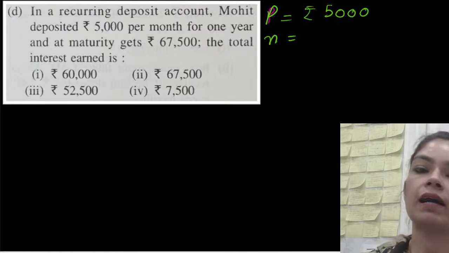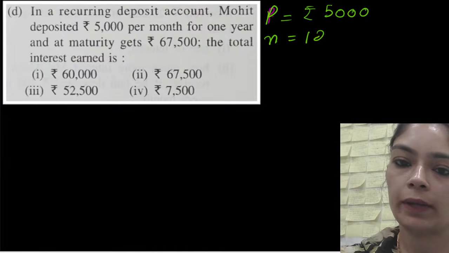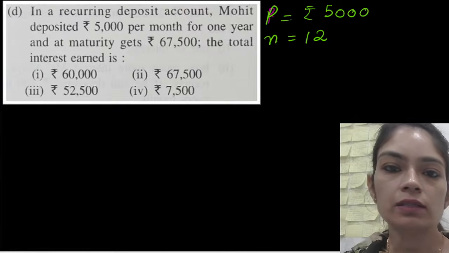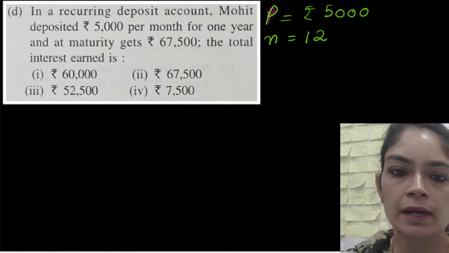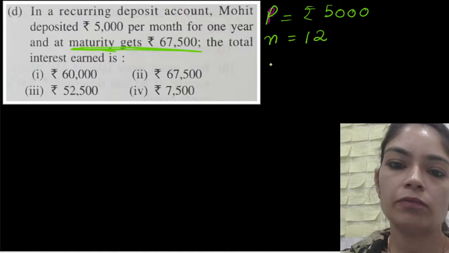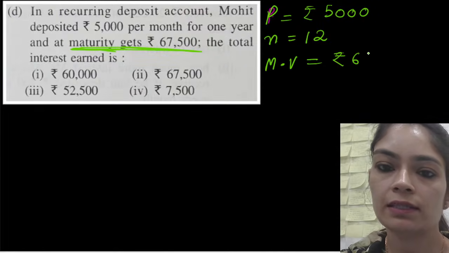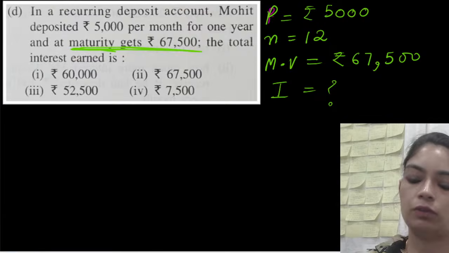Here always we have to convert to months. So N is equal to 12. Anytime time is given to us in years, we have to convert it into months. So 1 year means 12 months. And at maturity he gets this, so that means MV is given to us. MV, maturity value, is equal to 67,500, and we have to find total interest earned. So interest we have to find.